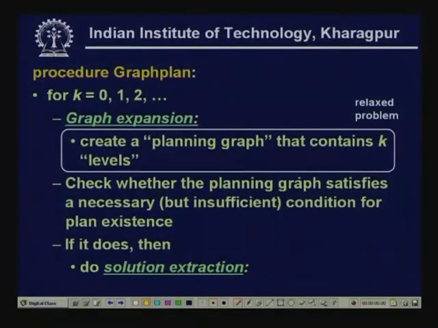Now, once we have created the planning graph up to k levels, we check whether the planning graph satisfies a necessary condition for plan existence. So, we will see what these necessary conditions are. Once we have the graph, we check first by looking at the last level whether this graph would satisfy a necessary condition for the final plan.